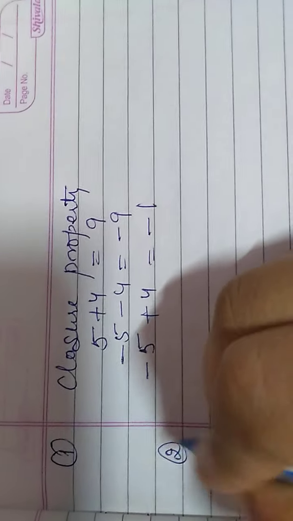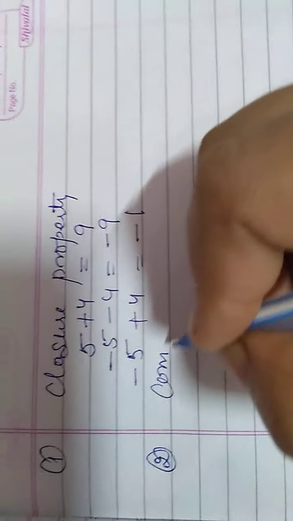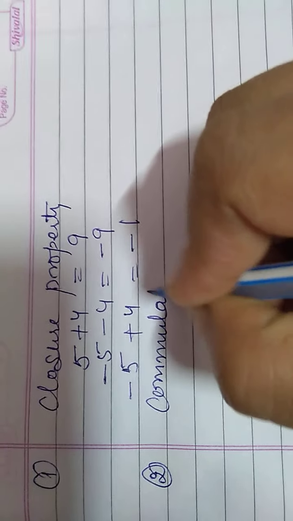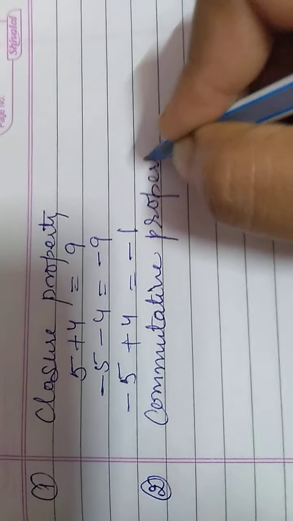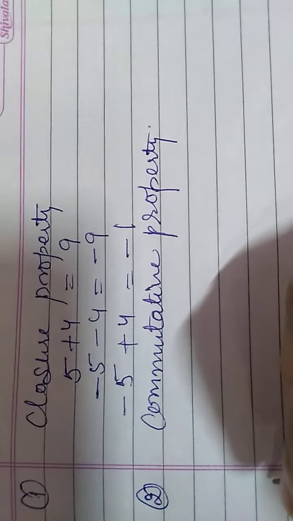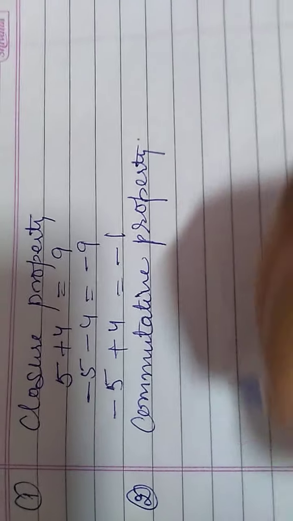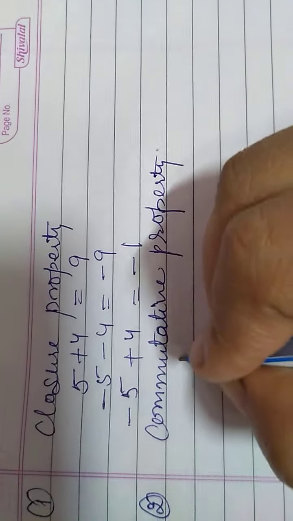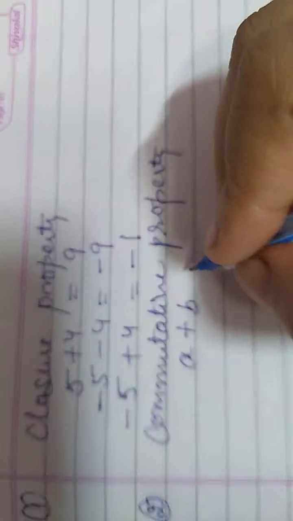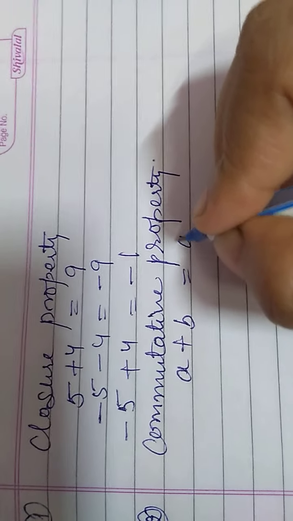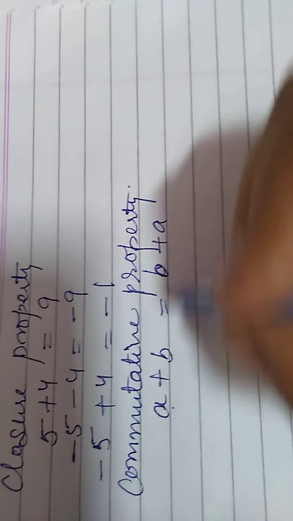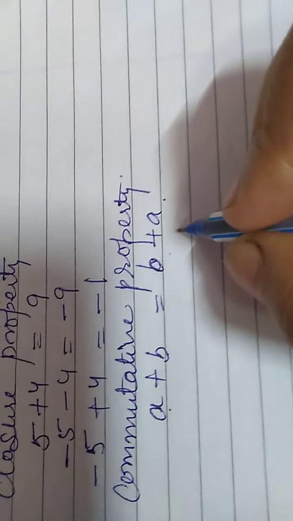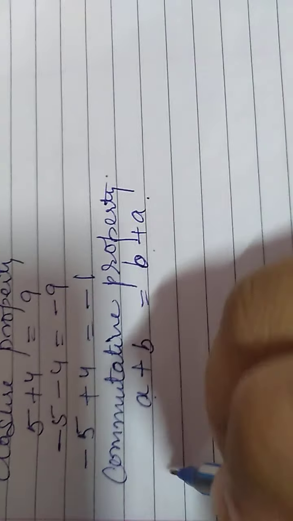The second property is the commutative property. The commutative property of integers means if we add two integers and change their order, either a plus b or b plus a, in both conditions their sum will remain the same.